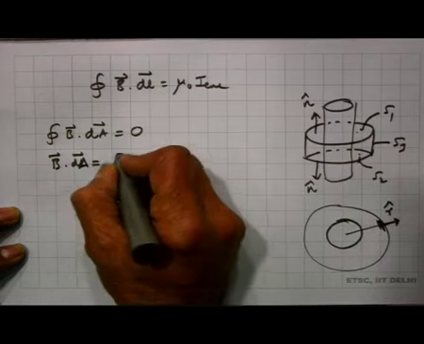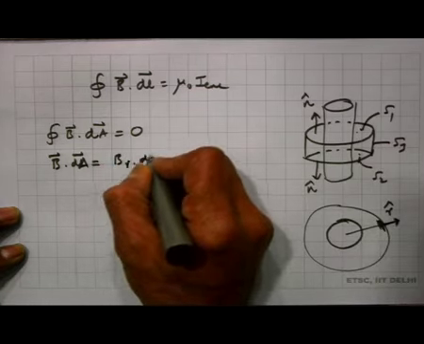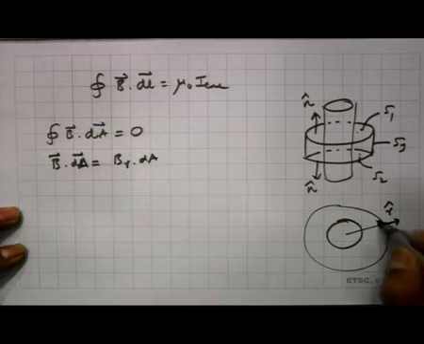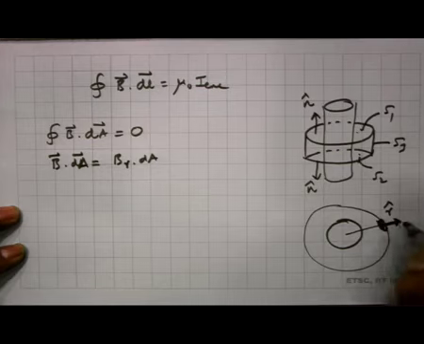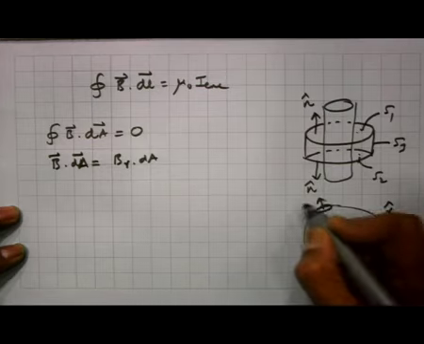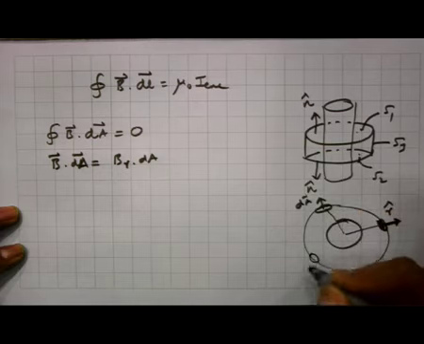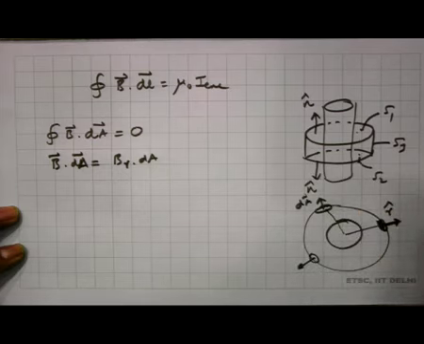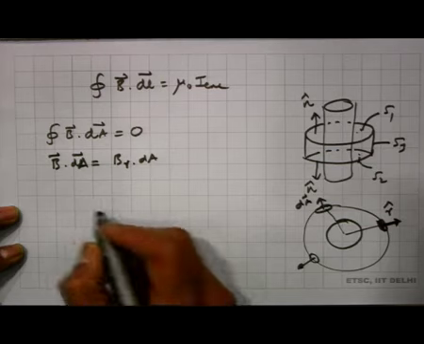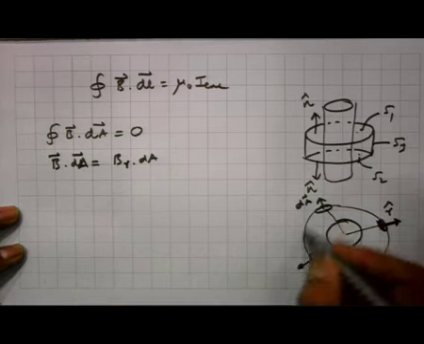So, this will be B_r into dA. B_r is this component, dA is the same component. At this point dA is like this and B_r is this direction. At this point dA is here and B_r is the direction, and B_r is independent of this.